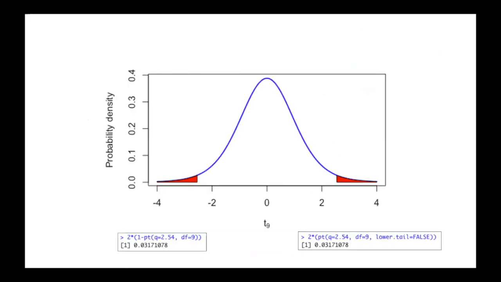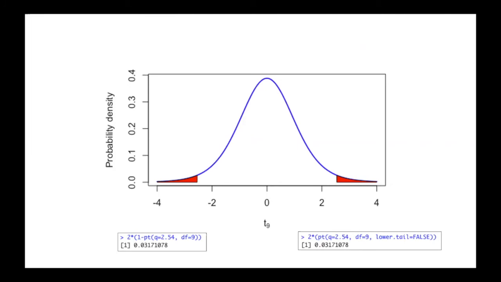or 9. We then want to compare our observed test statistic from our paired t-test to the distribution of test statistics that we expect to get if the null hypothesis is true for 9 degrees of freedom, because the t distribution, if you recall, is defined by the degrees of freedom.